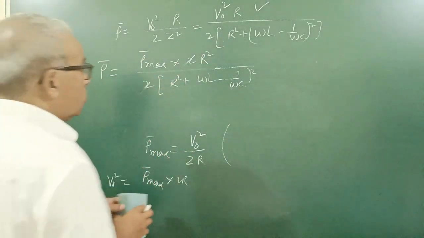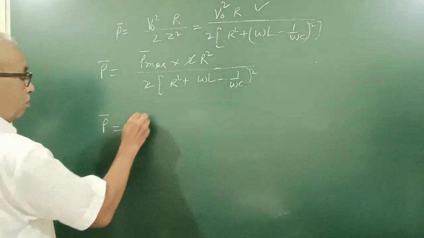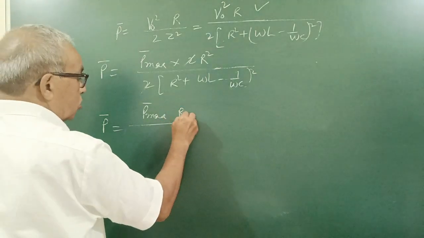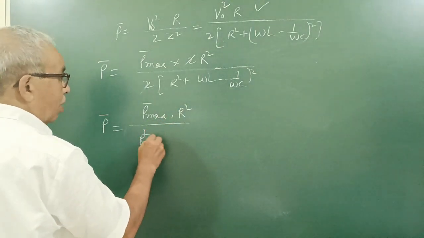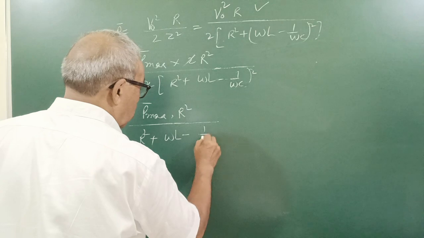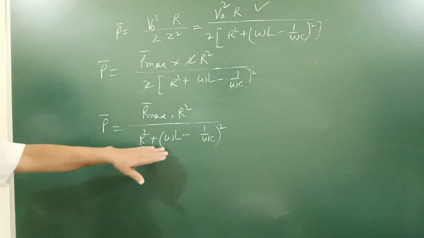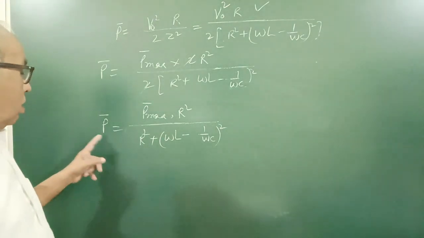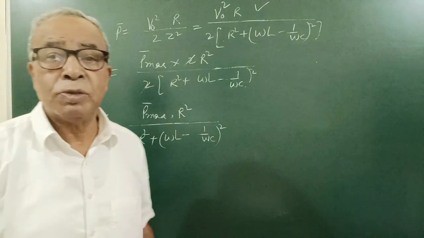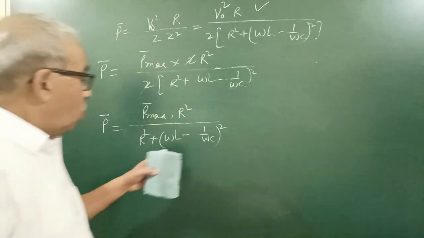To cancel, so this P bar comes to P maximum upon R square plus (omega L minus 1 upon omega C) into R. So if omega is equal to omega r, then this term becomes 0, then P equal to P maximum. So the average power dissipated varies with frequency.